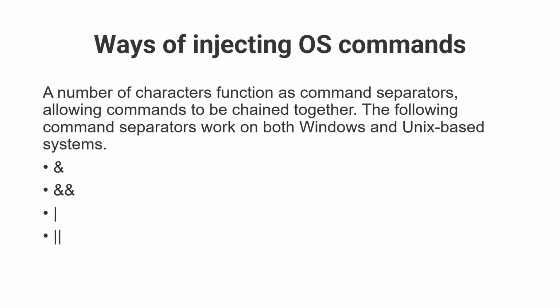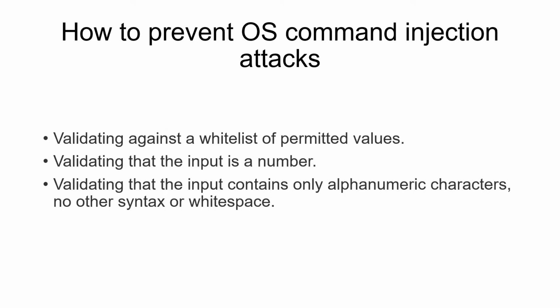And coming to the next slide, how to prevent OS command injection. The most effective way to prevent an OS command injection vulnerability is to never call out to OS commands from application layer code. In some cases there are alternative ways of implementing the required functionality using safe platform APIs.